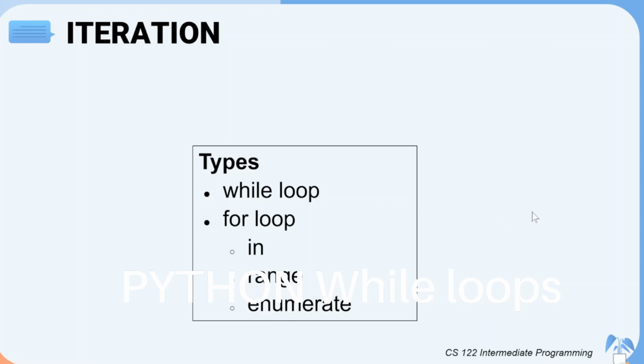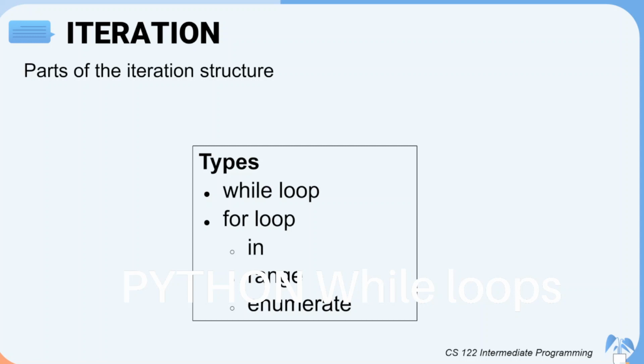Now, when we start writing while loops, there are things that you need to consider and understand. These are the parts of the iteration of a while structure or the for loop.